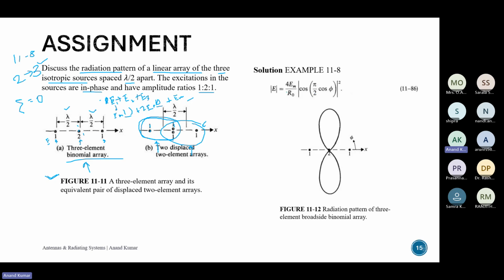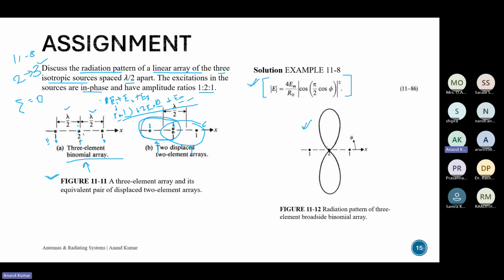If we solve it, this is the electric field that will turn out to be. This was EM, 2 EM and then EM, which results in a total of 4 EM, and the array factor is just multiplied from the two elements. So just refer to the textbook. The math is done over there.